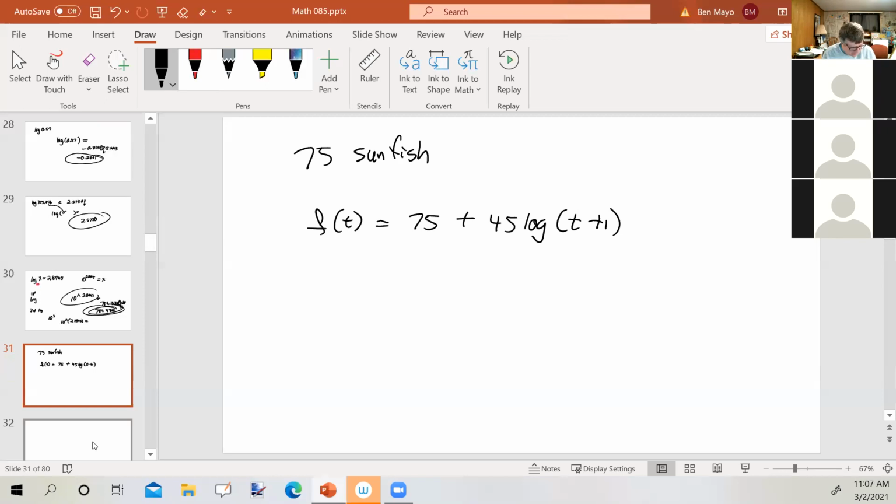Find the number of sunfish you can expect in the lake in 2.5 years. So t equals 2.5 years.